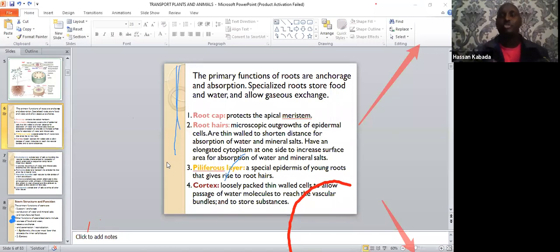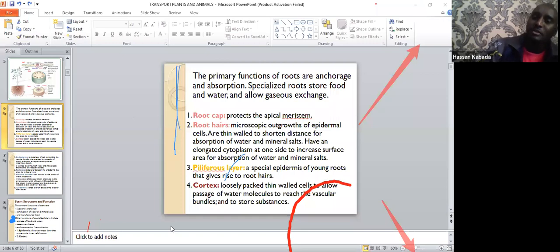Remember, for osmosis to occur, there must be two solutions of different concentration. One solution is the cell sap that is hypertonic in the root hair cells, and the other solution is the water in the soil. It's also a form of solution. So there must be this difference in concentration so that movement of water molecules through osmosis can be achieved.